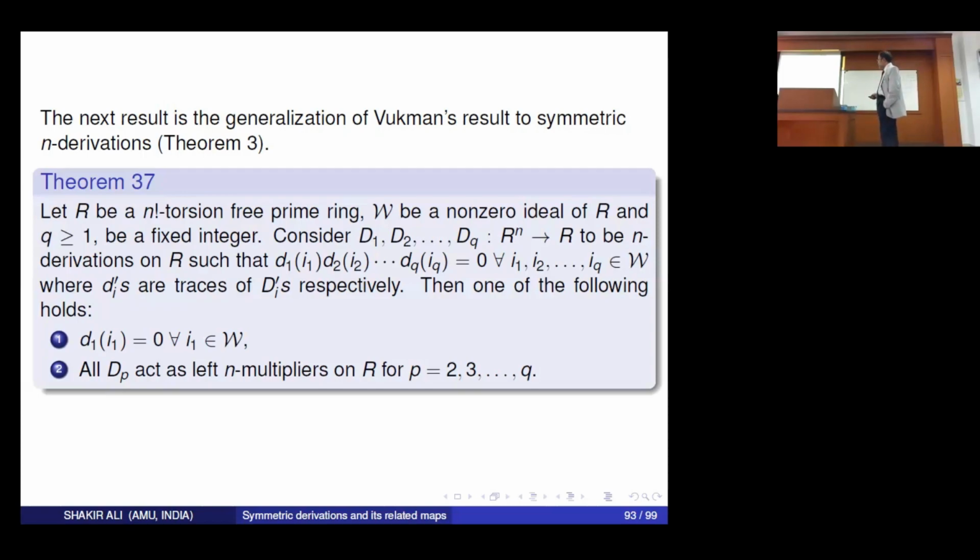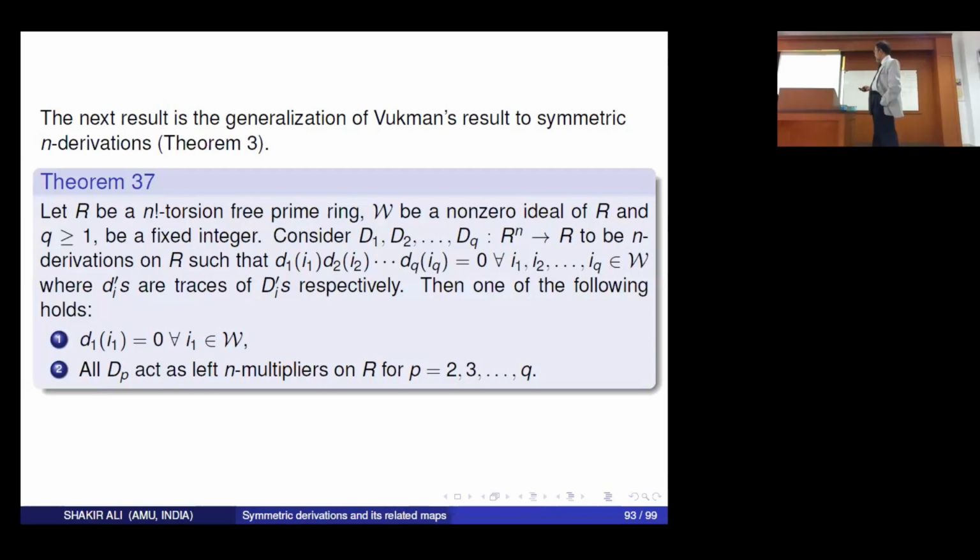Then one of the following holds: either d1 vanishes on I, or all the di act as left multipliers. That means all these derivations look like left multipliers. So that is the second result of this paper.